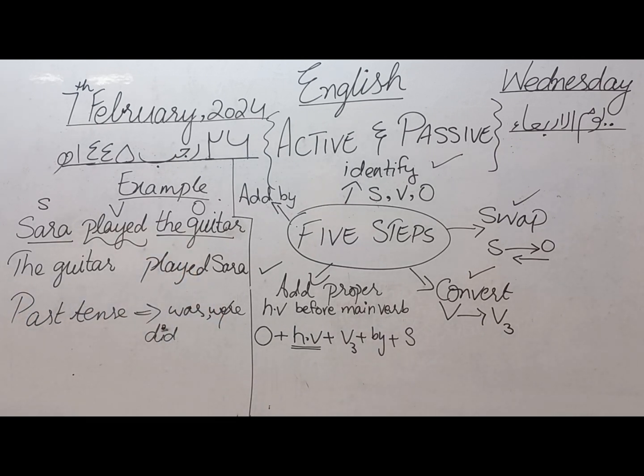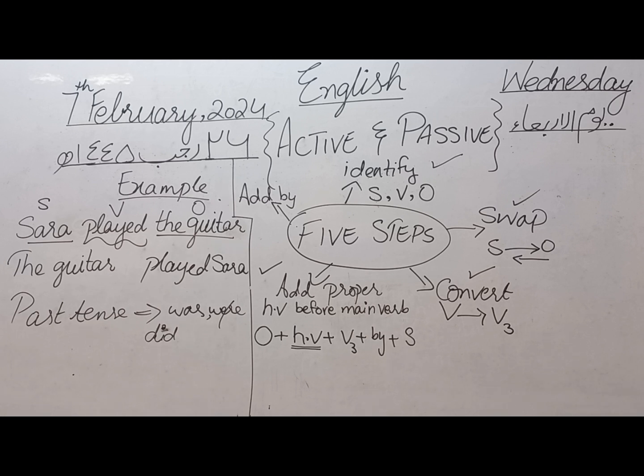Okay, let's check for did. Can I use here "the guitar did played by Sarah"? No. Very right. Very good. Why not? Why can't we use it? Because we are not able to use the third form of verb with did.